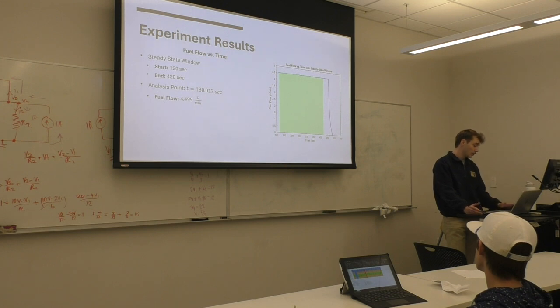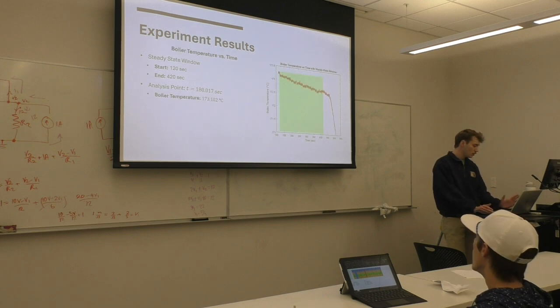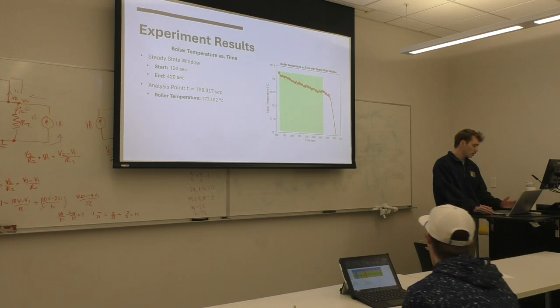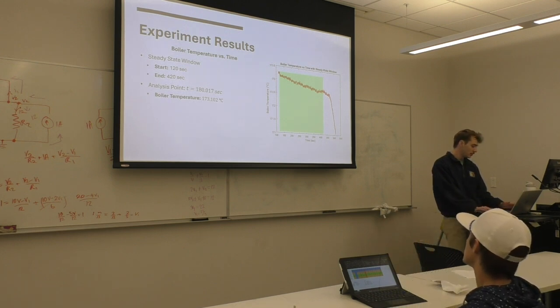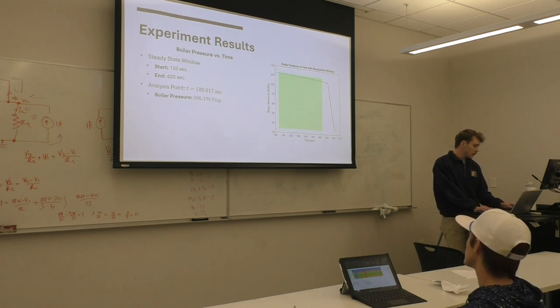For example, for fuel flow, the fuel flow at that time was 4.49 liters per minute. Moving on again, boiler temperature at that analysis point, 173 degrees Celsius. Boiler pressure, 106 gauge pressure.